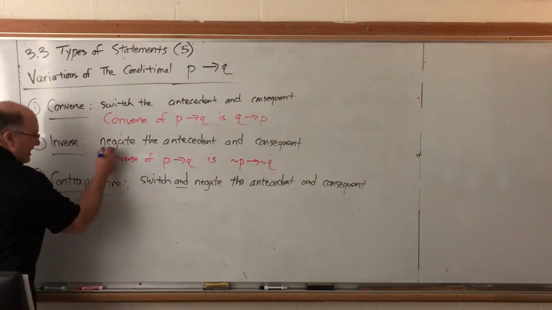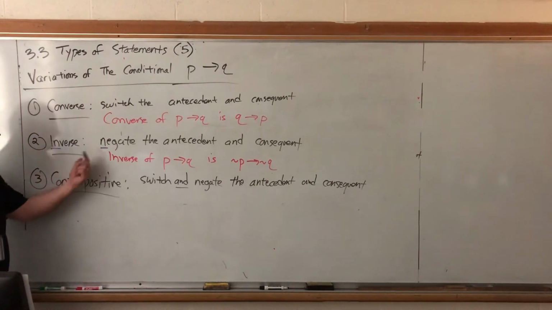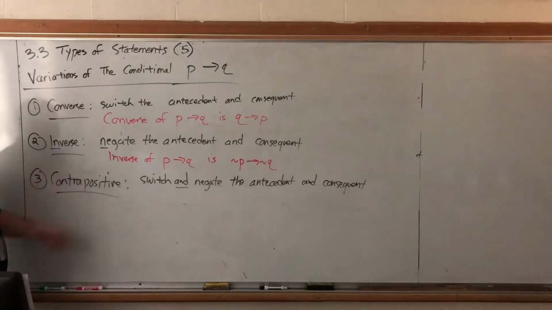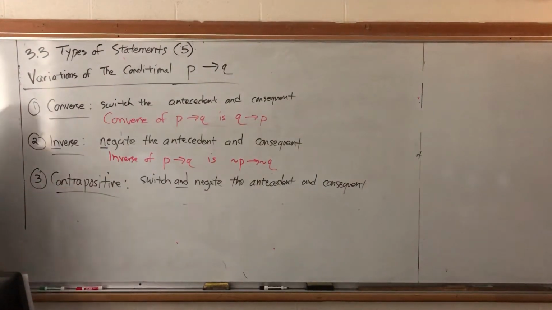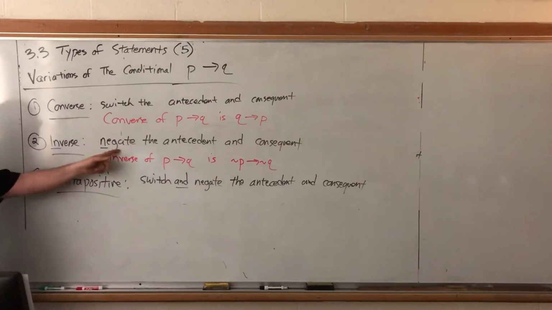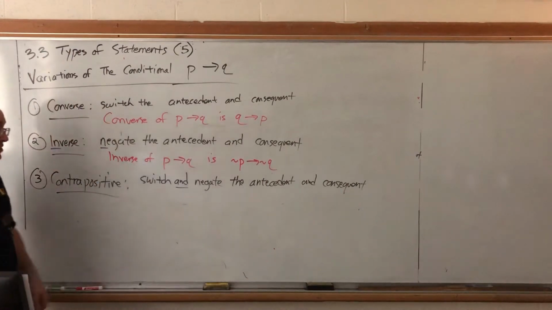The one that you negate starts with the letter N, sort of. Inverse, negate. It's the only gimmick that I've found so far for connecting inverse to negate and converse to switch. If you can come up with another one, I'd love to hear it.